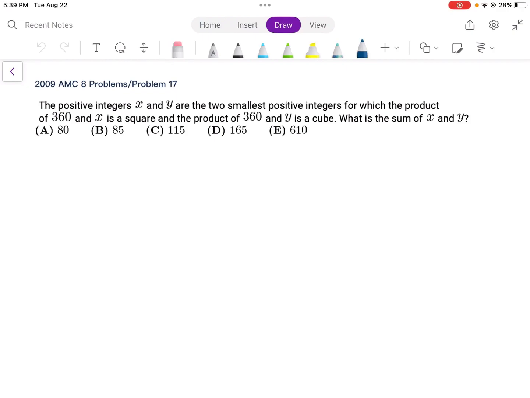Problem 17. To solve this problem, we need to first write out the prime factors of 360. We can find out 360 equals 2 to the power of 3 multiply 3 square multiply 5.